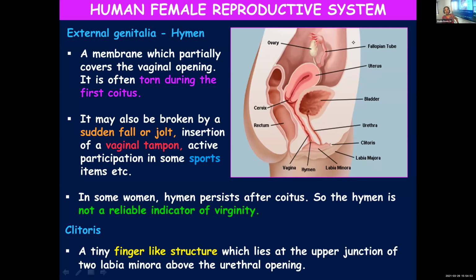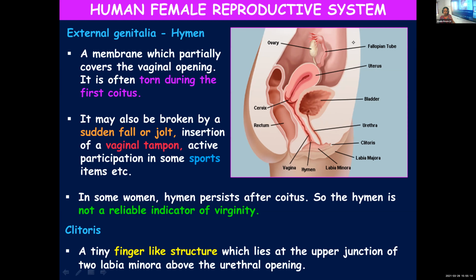Next is about clitoris. Clitoris is a tiny finger-shaped structure, located at the upper junction of the two labia minora, above the urethral opening. We discussed the other parts coming under external genitalia, and the last part is clitoris.